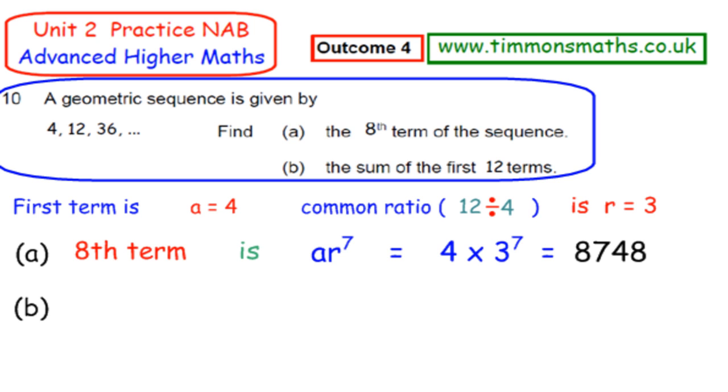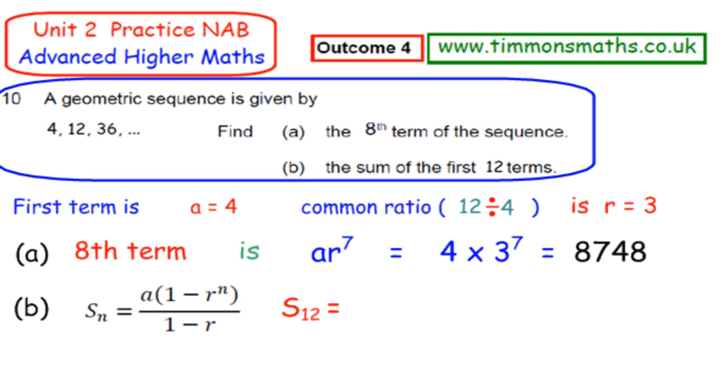Part B, we're asked to work out the sum of the first 12 terms. Sum to n terms of a geometric sequence is given by the formula a bracket 1 minus r to the n over 1 minus r. n is equal to 12, a is 4, and r is 3.